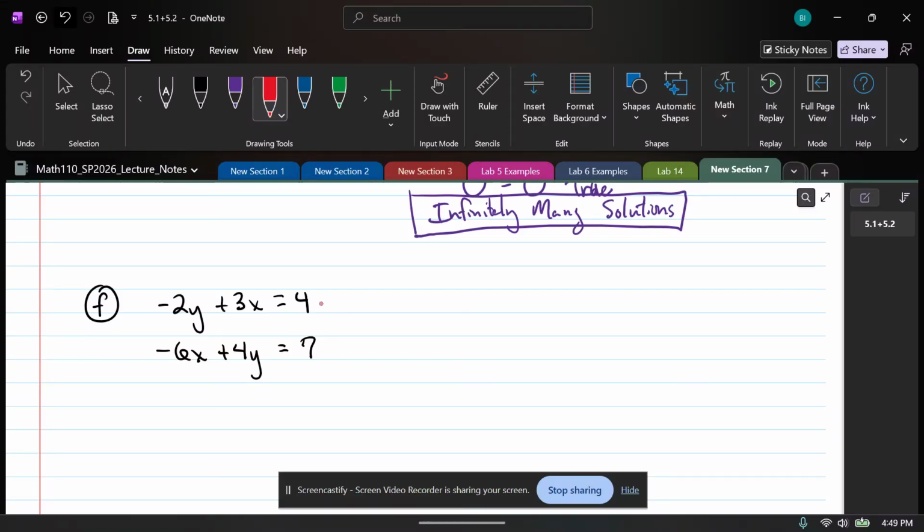I'm going to rearrange the first equation because I need it in the same order as the second equation. So I just rearranged the first equation, didn't change the sign of anything, I just moved it. Where the x's were in front, the y's were second, and then what is equal to is on the right.